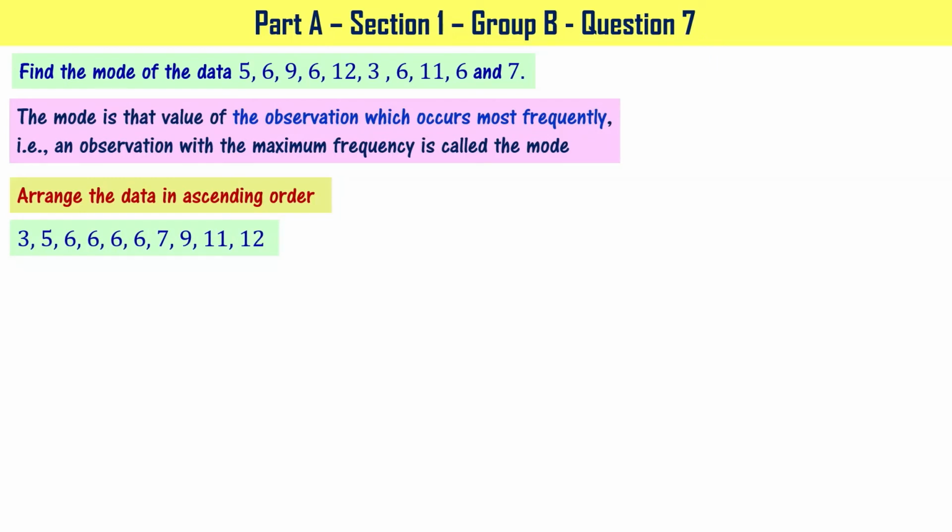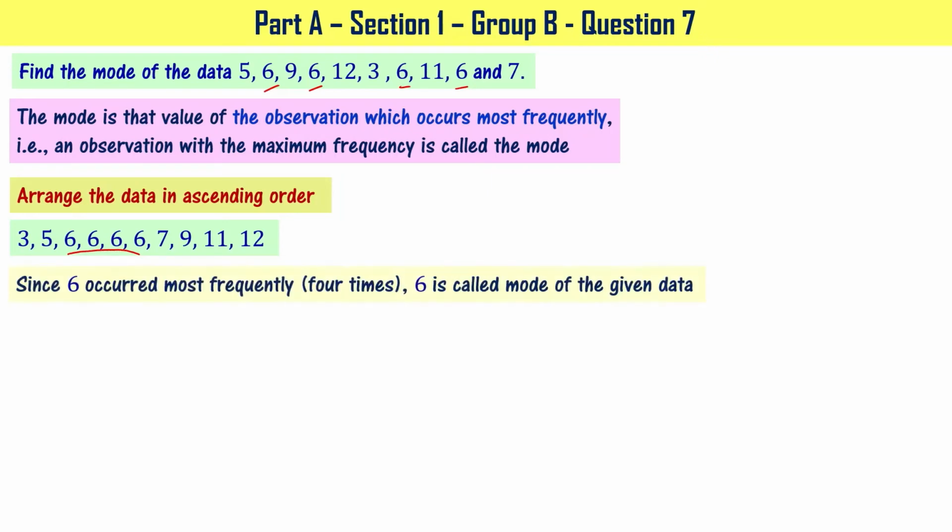So you write 3, 5, 6 appears 4 times, 7 appears only once, then 9, 11 and 12, right? As you see here, 6 is the only number which has appeared most frequently. Since 6 has occurred most frequently, that is 4 times, we say that 6 is the mode of the given data. This is what we are asked to find.